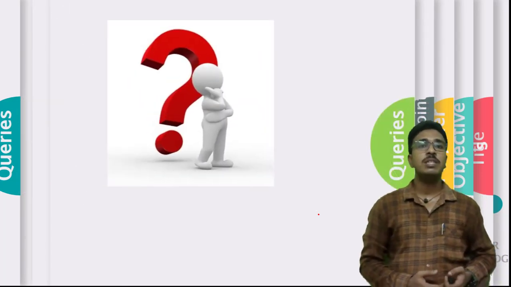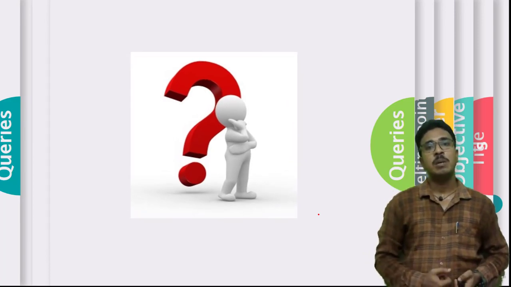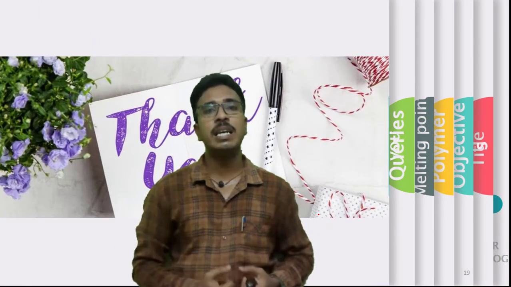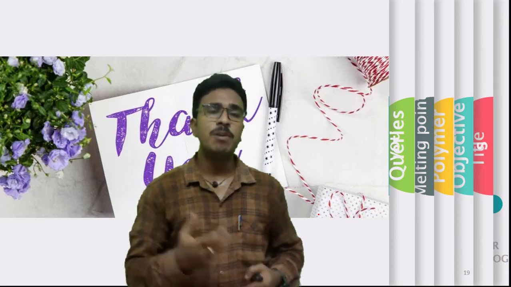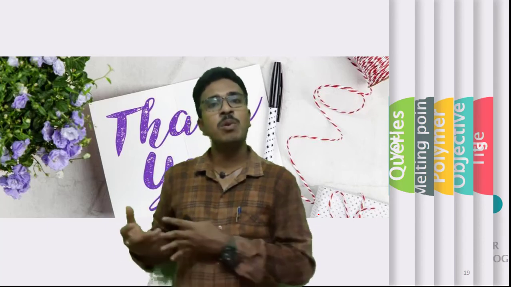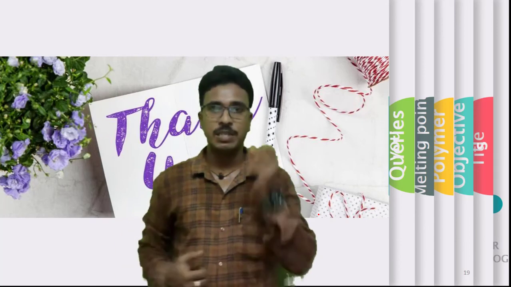Okay. Now this is all about the principles of a fiber forming polymer. Till now we have discussed in detail the different principles that are required for a fiber forming polymer to make it more useful for particular end use applications.